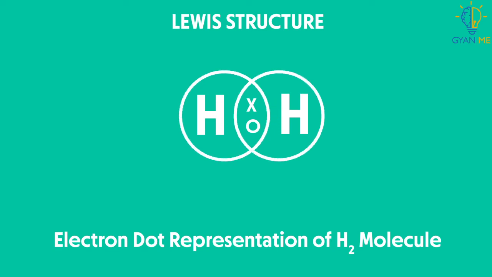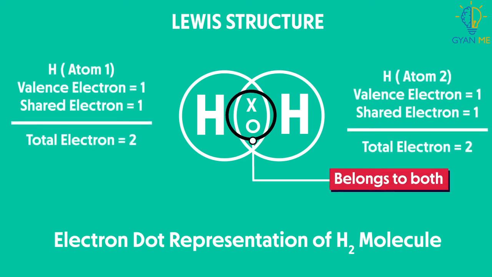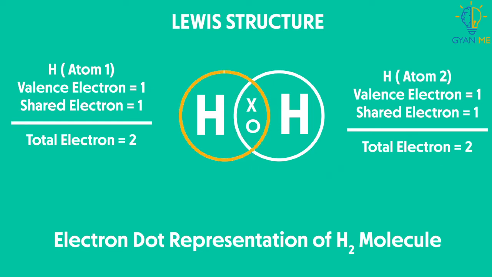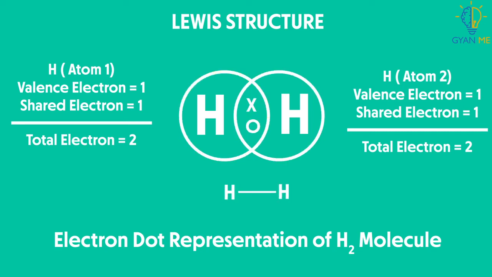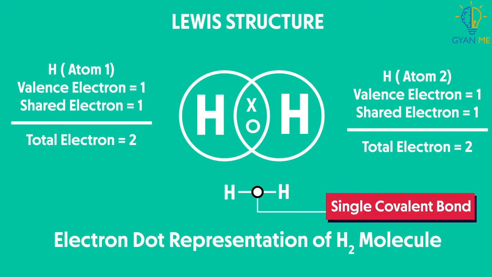It shows that this shared pair of electrons belongs to both the atoms. So clearly, both of them have now two electrons and have completed their doublet to become stable. This pair of shared electrons forms a bond between the two hydrogen atoms. And since only one pair of electrons is shared, the bond formed here is a single covalent bond.